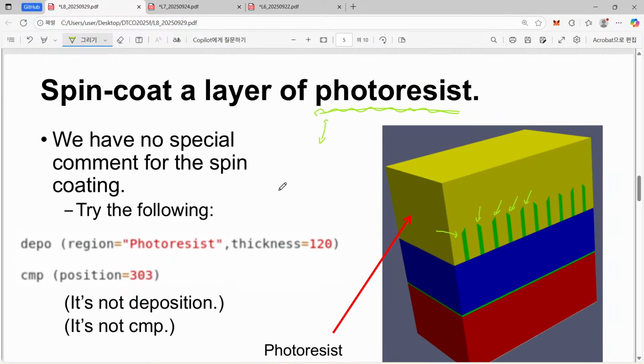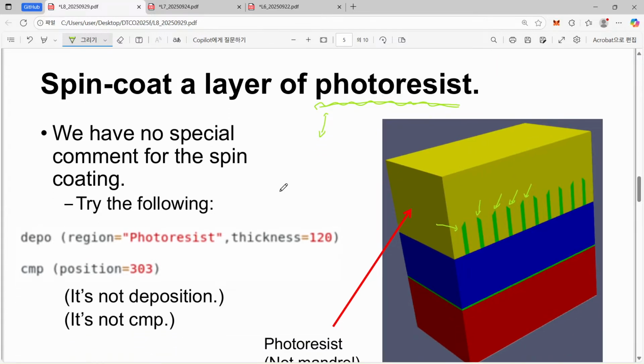Then how can we make this spin coating? Unfortunately, we don't have a command in Armstrong craft like spin coat, so there is nothing. Although it is not the real deposition and it is not the real CMP, please just follow these two lines. Just deposit a new layer called photoresist sufficiently thick.